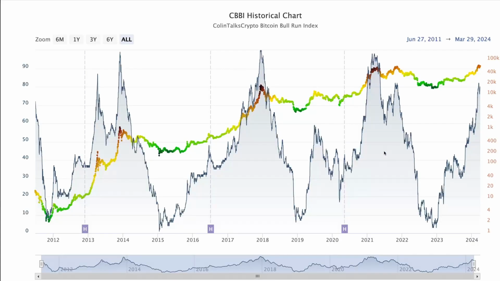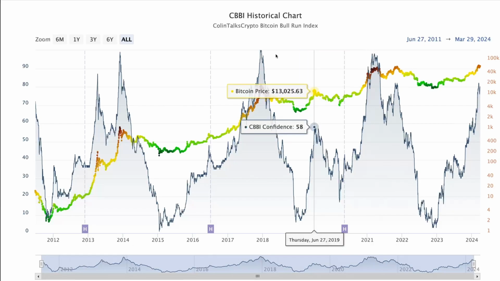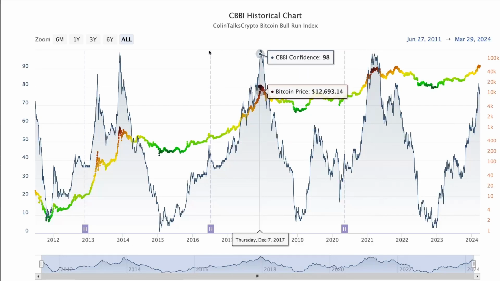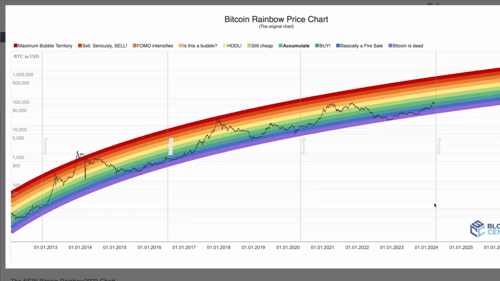Now the CBBI historical chart says that we have an 80% confidence of a market top. This indicator is a very precise one, consisting of 9 different indicators with a very high confidence. So I think there is still a lot of room to go. And the Bitcoin rainbow chart says that we can accumulate and that it is still cheap. So you can stack your sats and make a lot of profit.